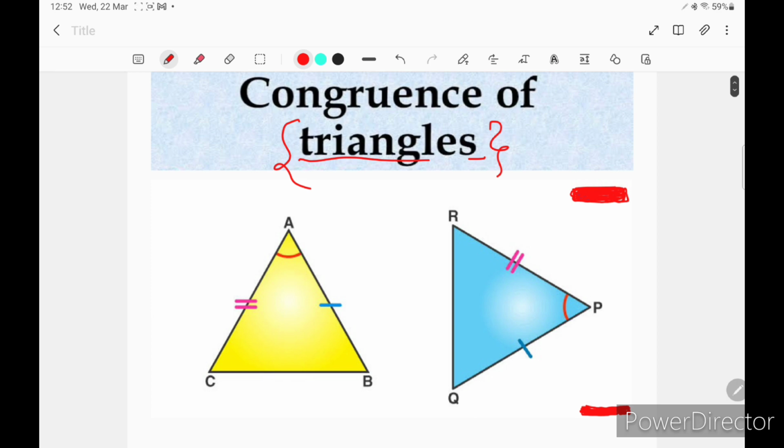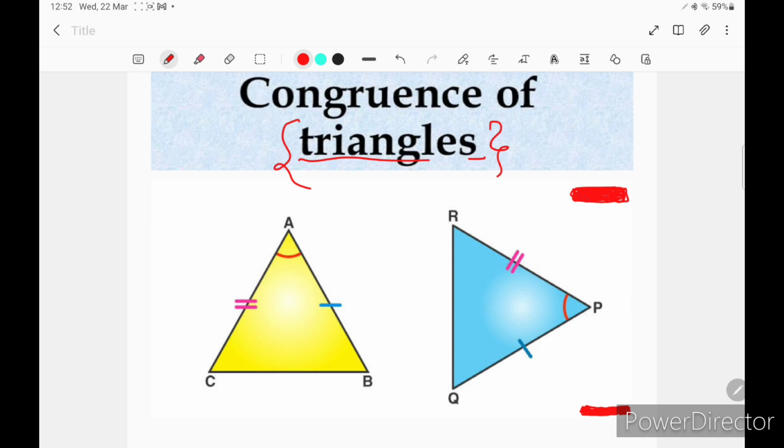First of all, I am going to explain what congruence of triangle means. If you are going to prove that triangles are congruent, it is not necessary that all six parts of one triangle are equal to all six parts of another triangle. A few criteria are given here. If the triangles follow any one of those criteria, then that type of triangle is known as a congruent triangle.